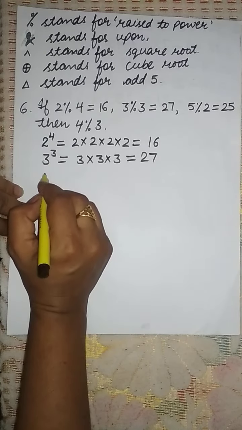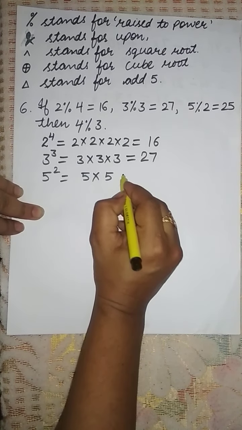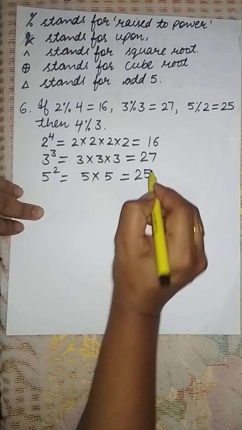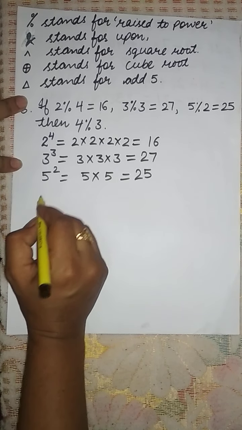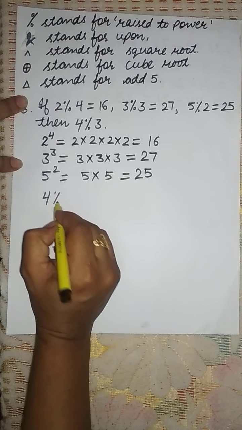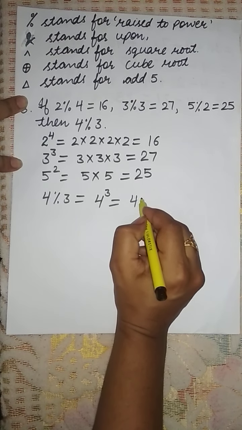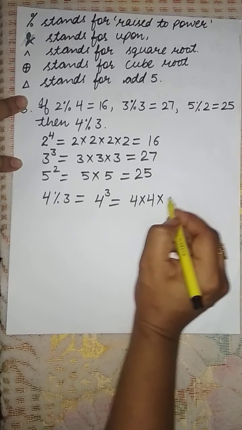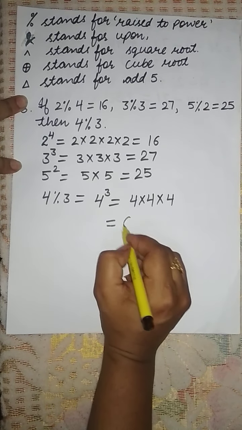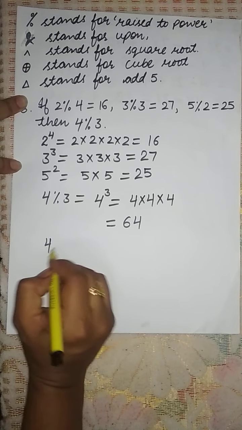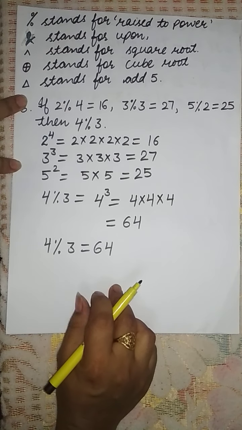This answer is already given to you. I am just simplifying the terms to show how it is written. Now I have to find out the value of 4%3. It means 4 raised to power 3. It means we are to multiply 4 three times. 4 times 4 is 16, 16 times 4 is 64. So the answer of 4%3 is equal to 64.